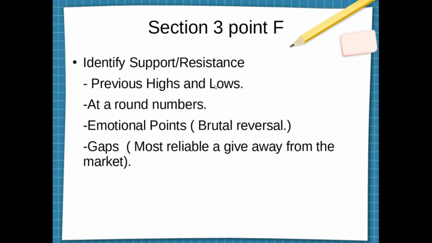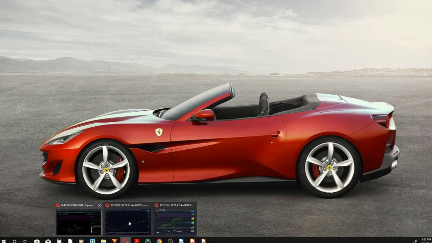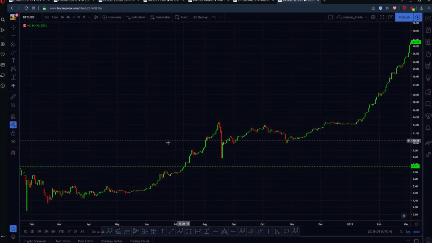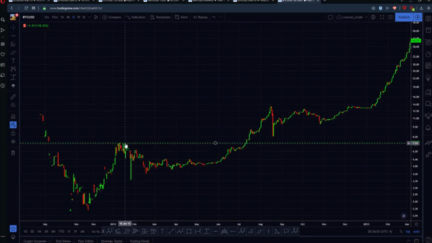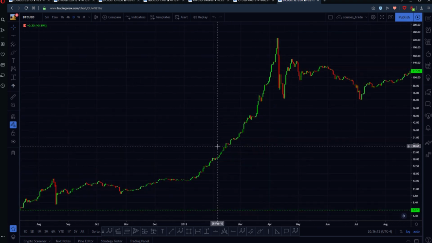We're going to start placing them using, for example, previous highs and previous lows. Now we can go back on this chart, and this was a good one. We placed it here. We did go over it. This is a sign. It was a reversal here. It got violated here. Good.